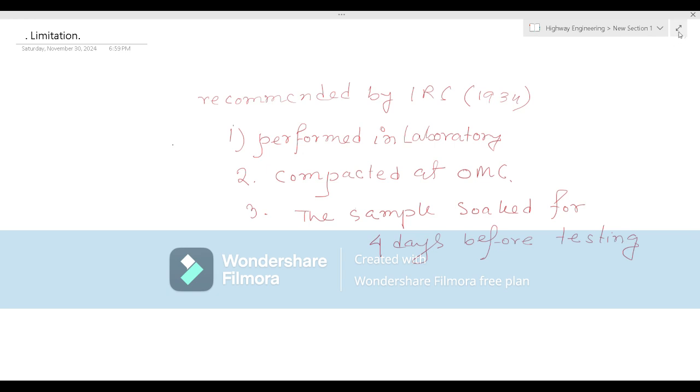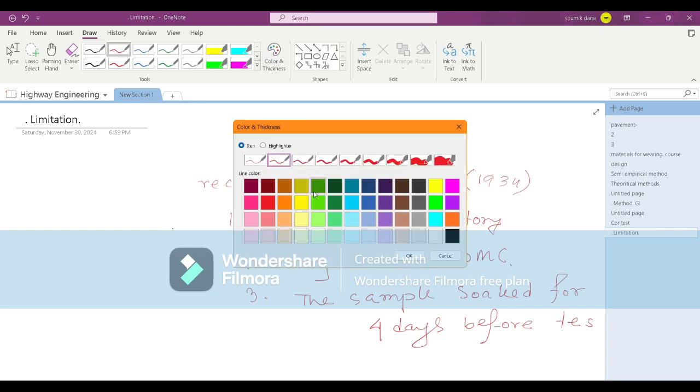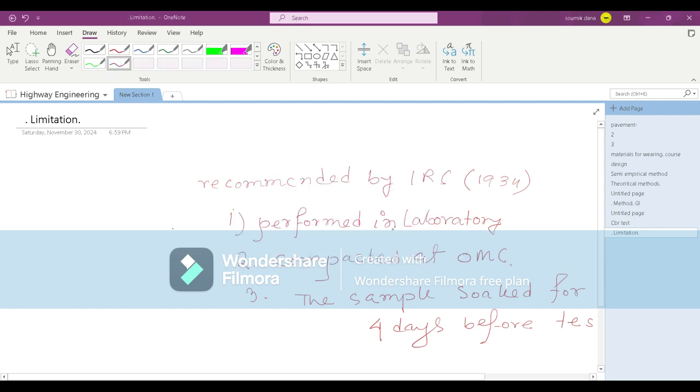So these are the common points. It is compacted at OMC, must be soaked for 4 days, and performed in the laboratory.